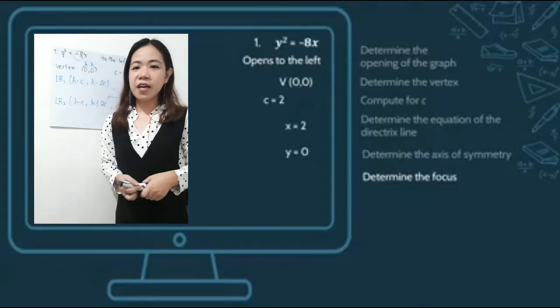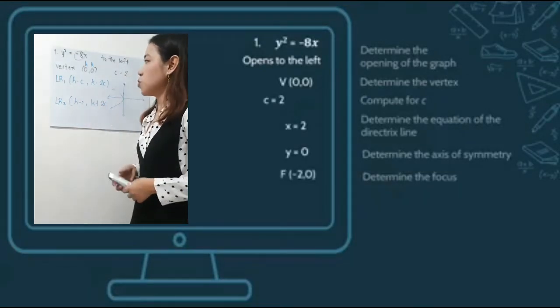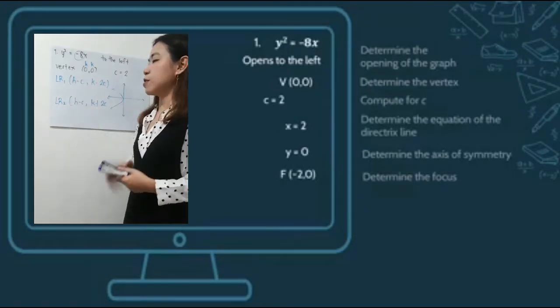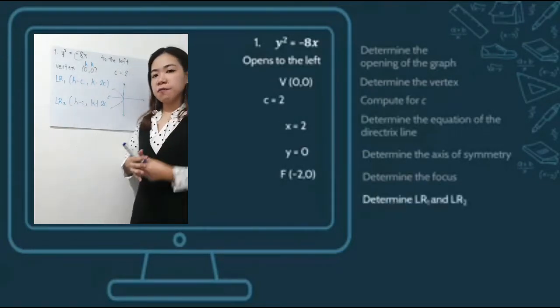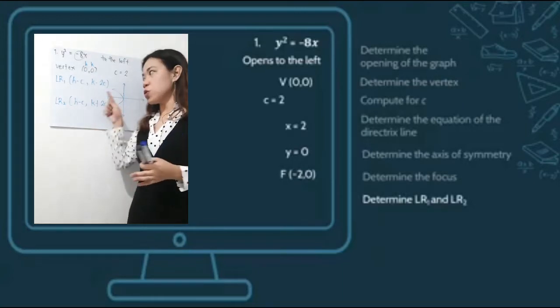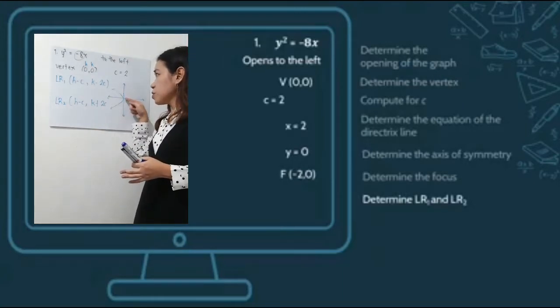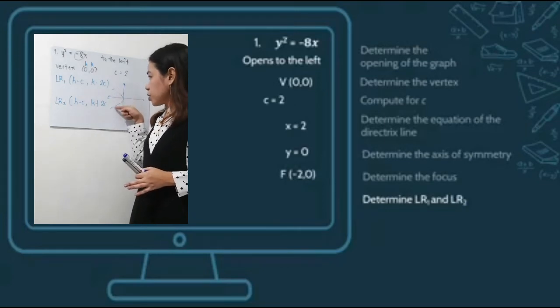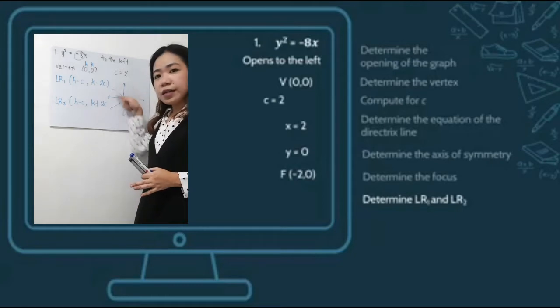Okay, lastly, we'll have to find the coordinates of the endpoints of the latus rectum. We have LR sub 1 and LR sub 2. Going back to the figure, now we have an idea of how the graph will look. It opens to the left, the vertex at (0, 0), and then we have the latus rectum like this one.